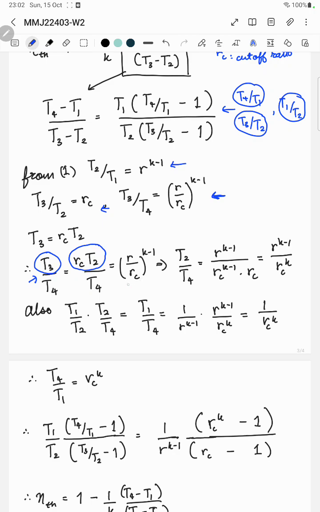And this will give us our definition of T2 over T4, which can then be conveniently calculated by multiplying T2 over T4 with T1 over T2 to give us the T1 over T4 ratio.